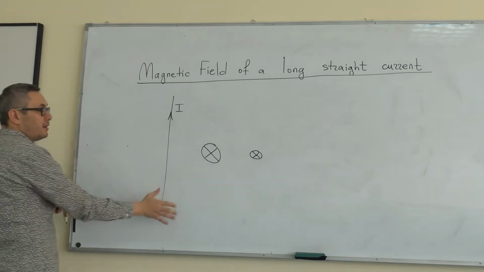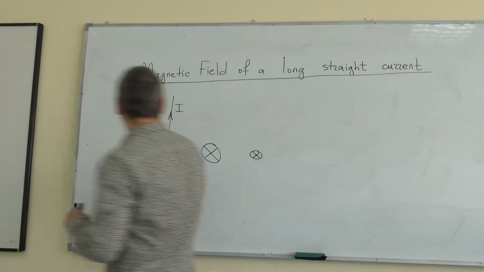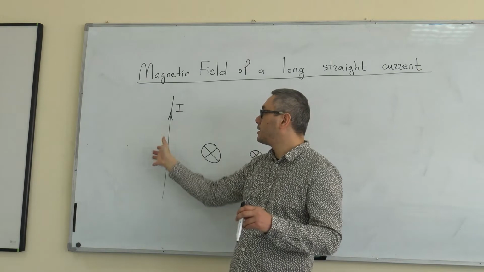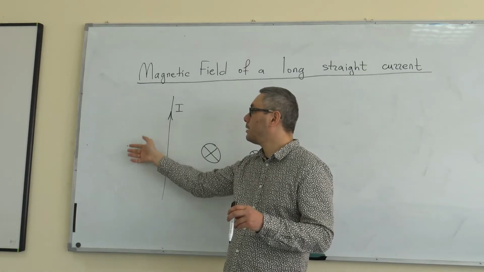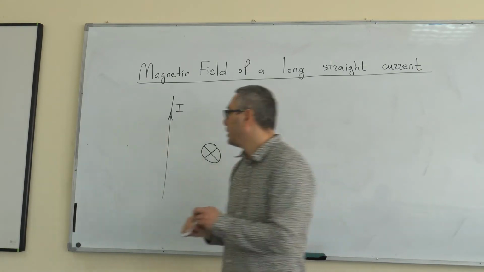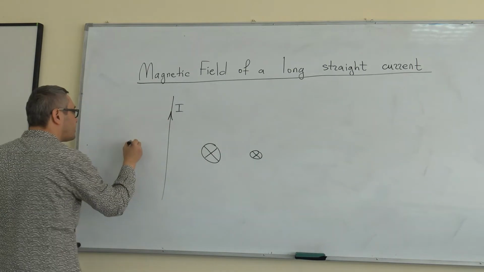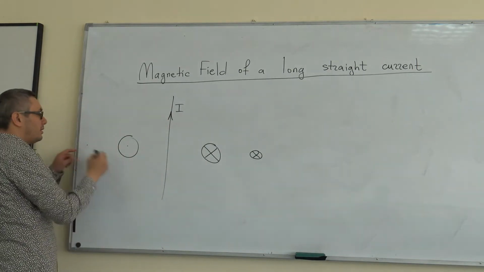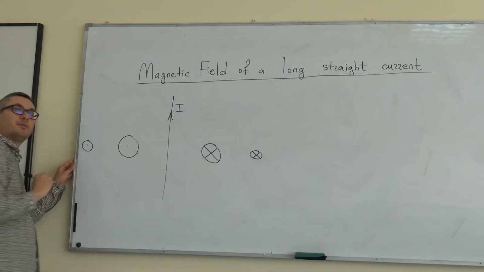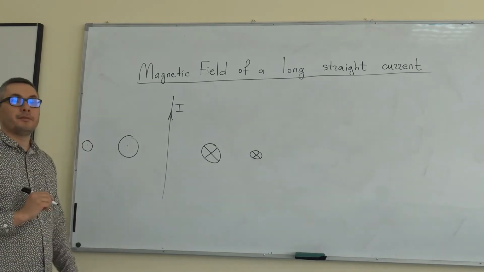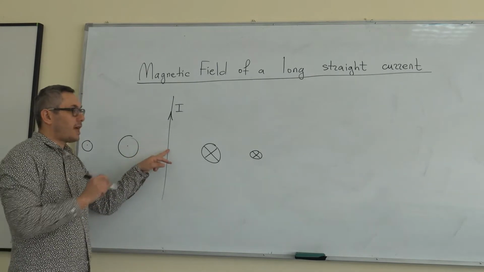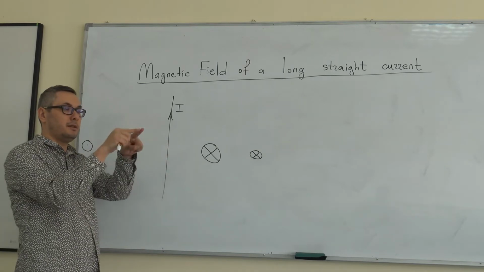Now on this side, if I continue doing that, you will see that the magnetic field is coming out of the board at this point. Here it's stronger, so it's pointing towards you. Here it's going to be pointing out of the board, but is weaker. What is the magnetic field at this point here?